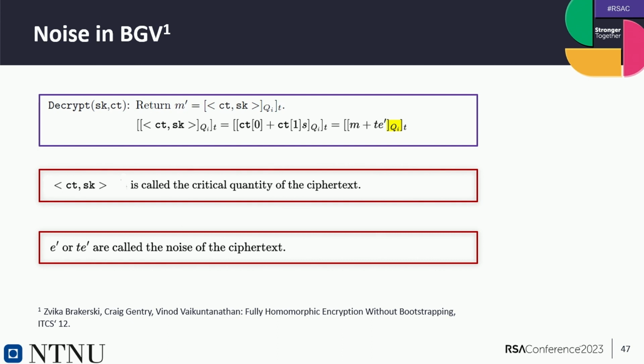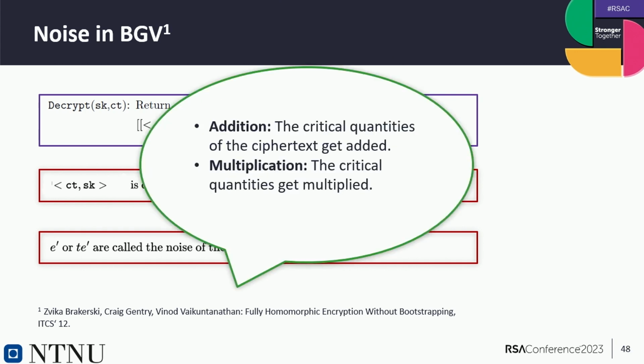But BGV is an FHE scheme, the whole point of which is that the ciphertexts do not sit patiently around and wait, but get computed on, get changed. Obviously, if you change the ciphertext, then we change the critical quantity along with it. If we add two ciphertexts, the critical quantities get added. If we multiply two ciphertexts, the critical quantities get multiplied. So even if we set the parameters such that at the beginning everything is fine and we could correctly decrypt, this is no longer the case after we performed a couple of operations, and eventually it will get too big and decryption will fail.